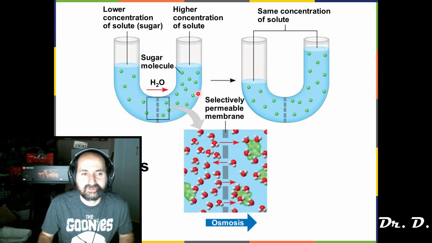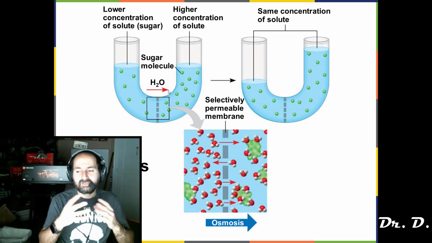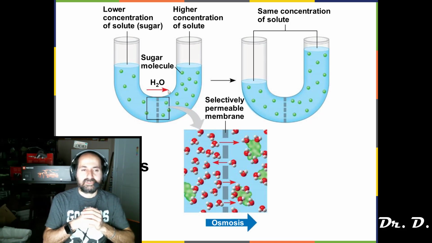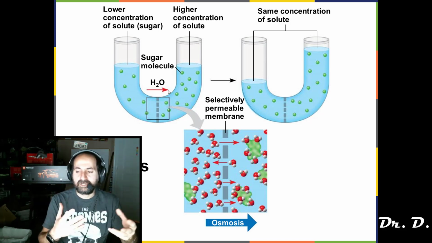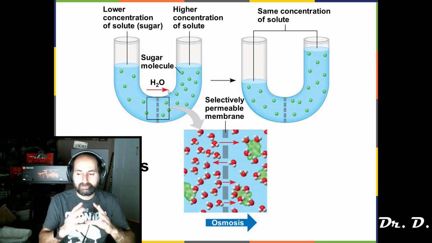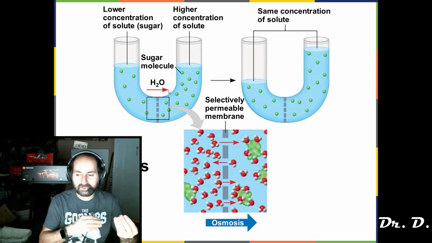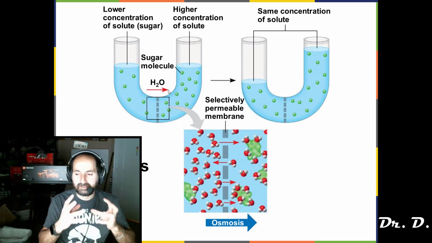There's 6 dots in the same area. So things like grams per liter, or moles per liter, these types of things are concentration. Concentration means amount of solute in a set amount of solvent.